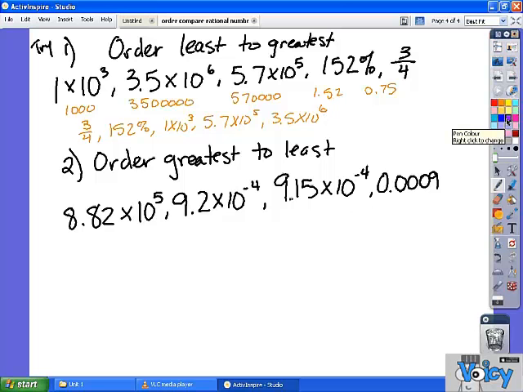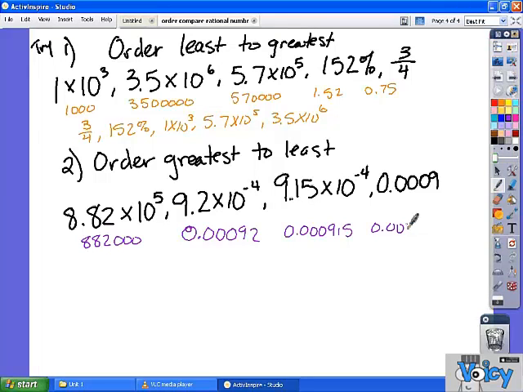Okay, the next one again, I'm going to go ahead and convert them. And it said greatest to least, so the biggest number obviously is going to be this one here, so we'll start that one off.